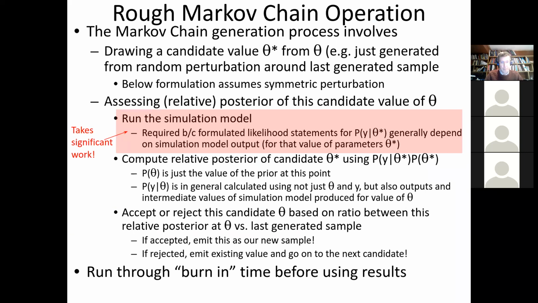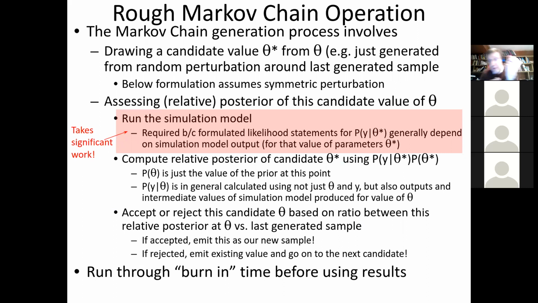Okay, so here's how it works. It's quite easy. We're going to take a given theta at any one time and draw a candidate value, and we'll only accept that candidate with a certain probability. This may remind you of approximate Bayesian computation.